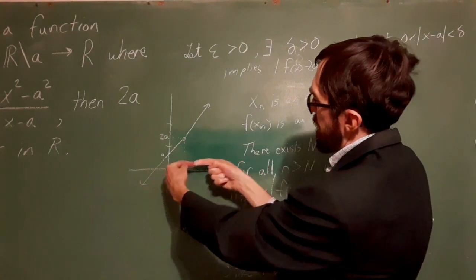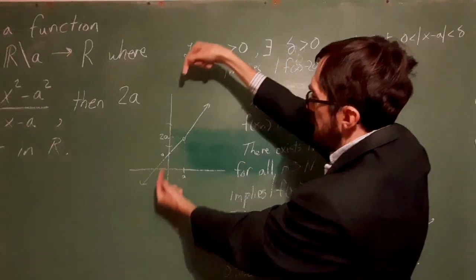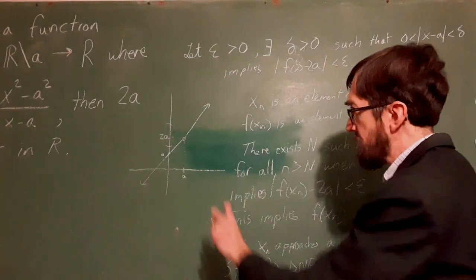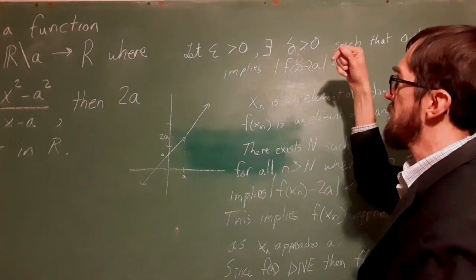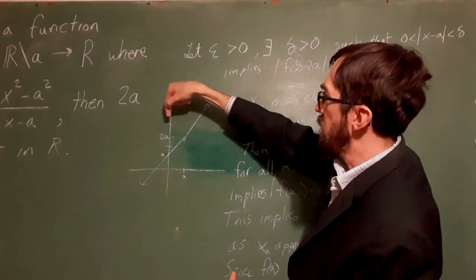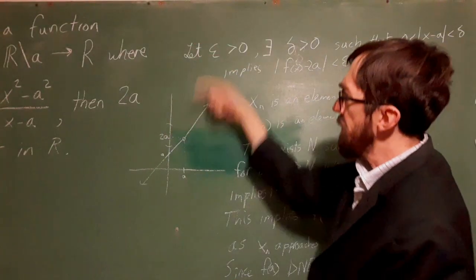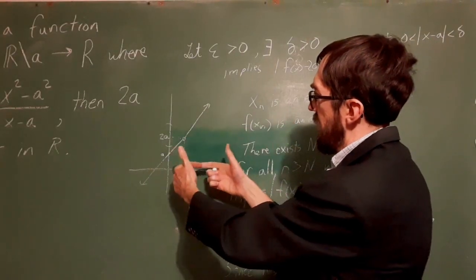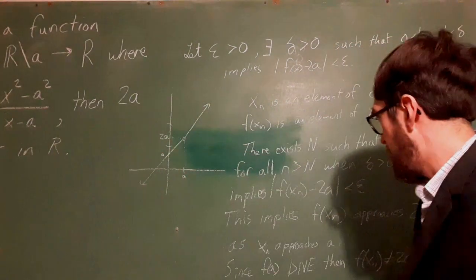So as this interval focuses in on the center of that interval, this interval is focusing in on the center of this interval. I can never reach a here because it's a deleted neighborhood, which we stated earlier. And even though 2a is here on the y-axis, I can never get to it because I can never close this interval to reach the center of this interval.